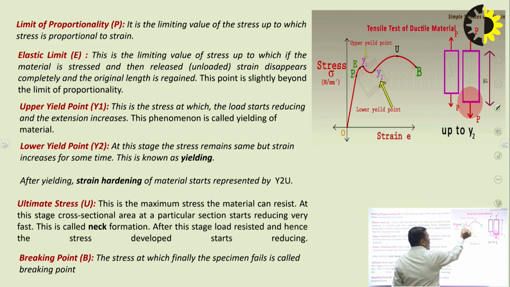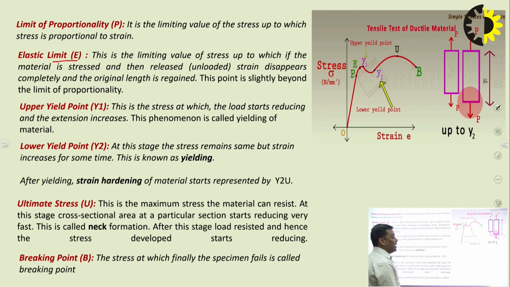Then after point P, we are reaching the point E. That point is known as the elastic limit. And the meaning of elastic limit is very clear. If after removal of the deforming force, the mild steel will regain its actual shape and size which was in the beginning, but it is not necessary that from P to E the stress and strain are directly proportional.